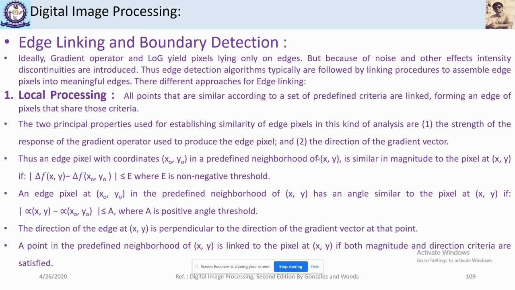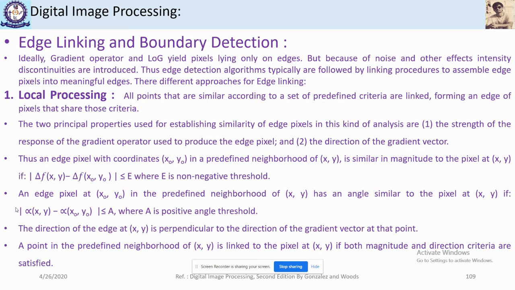It is the neighbor of xy. It is similar in magnitude to the pixel at xy if the difference of the gradient at this pixel xy and the gradient at this pixel x0 y0 is less than or equal to some non-negative threshold. Then we say these two are similar in magnitude.